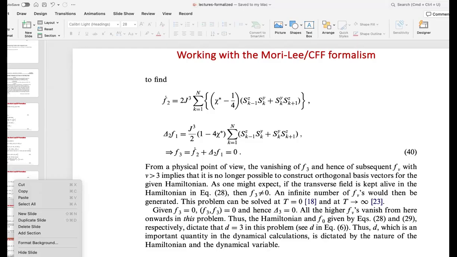And therefore, it also means the following. It means that if you now do a mean field theory, mean field theory is basically a D going to infinity system, which means Q going to infinity system. So mean field theory is like this.